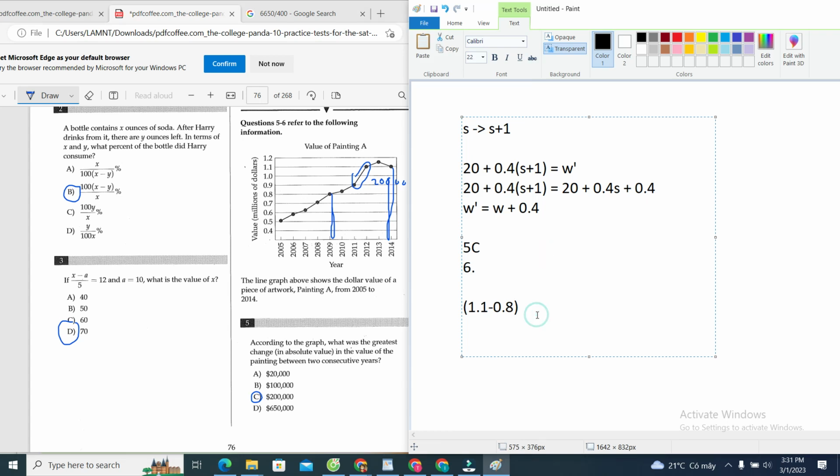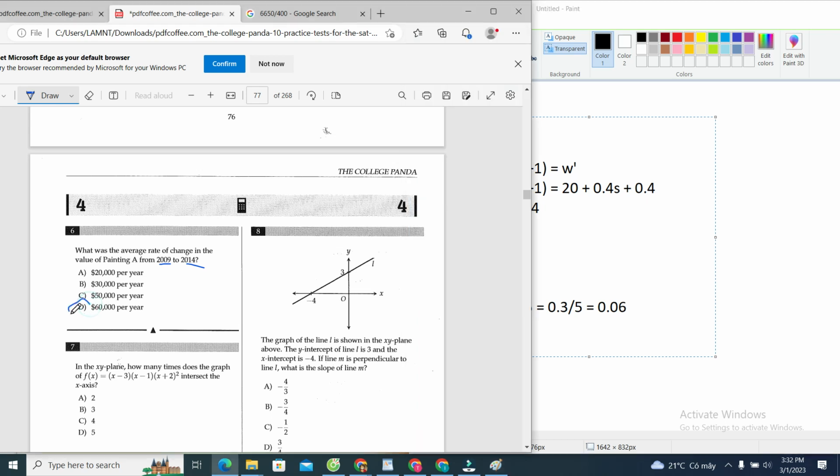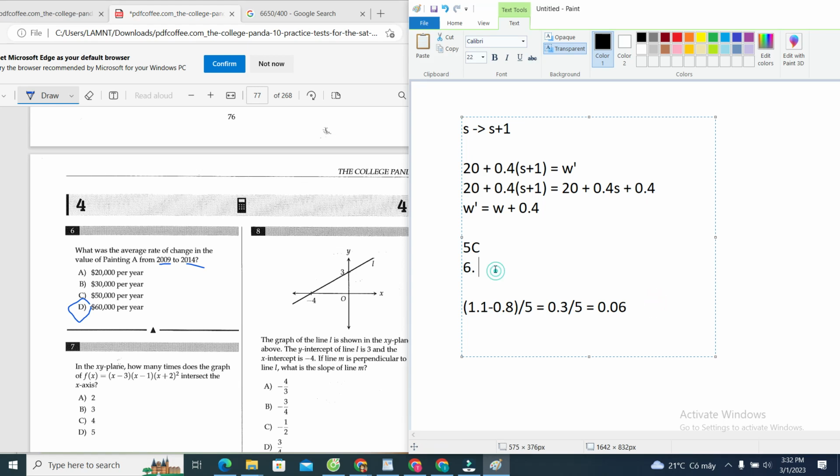So 0.3 divided by 5, that's 0.06. So that's around $60,000 per year, because this is multiplied by a million, right? So the answer is D.